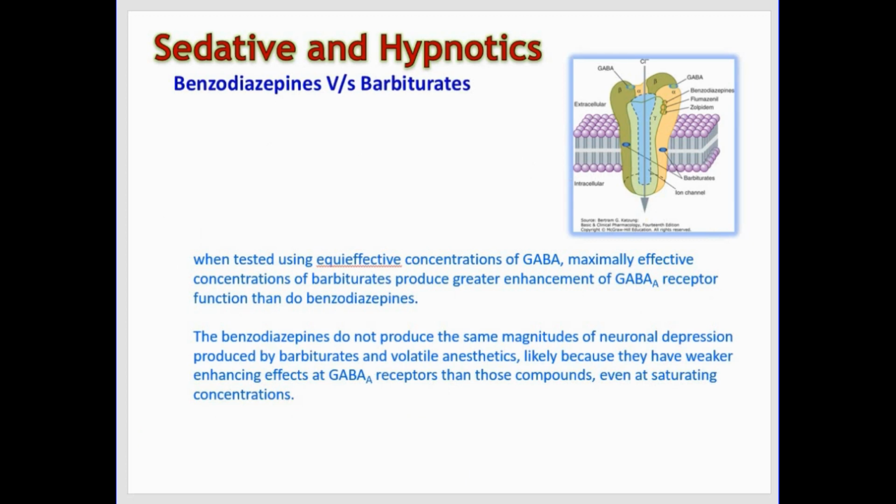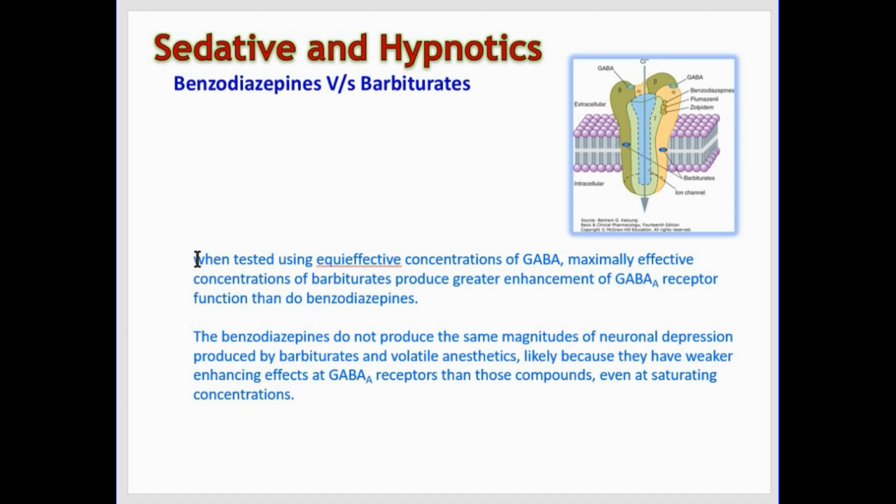These are the major differences between benzodiazepines and barbiturates. Both bind at sites separate from where GABA binds, so both are allosteric sites, and both positively modulate the receptor. That's the similarity. The contrast is that barbiturates in high concentration can directly open the channel, but benzodiazepines still need GABA to open the channel.